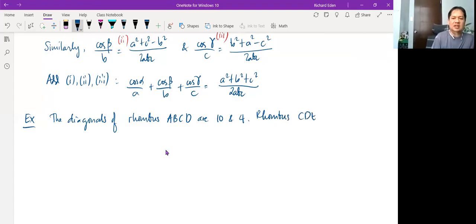Rhombus CDEF is drawn with DE perpendicular to DA. Find the area of CDEF.